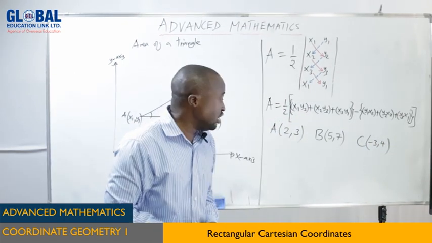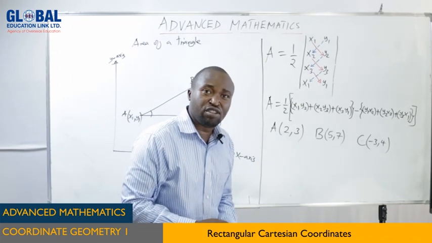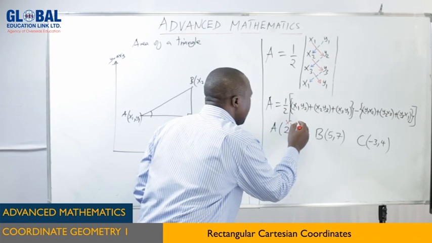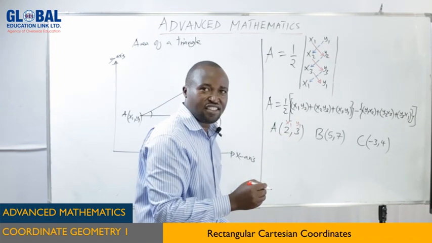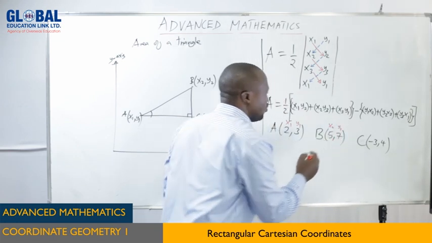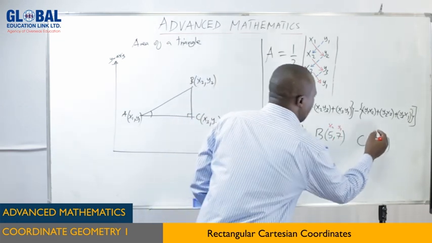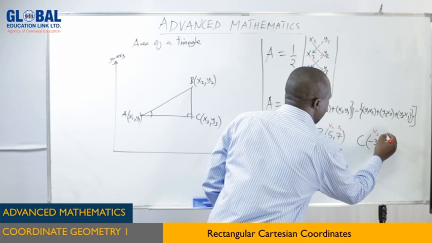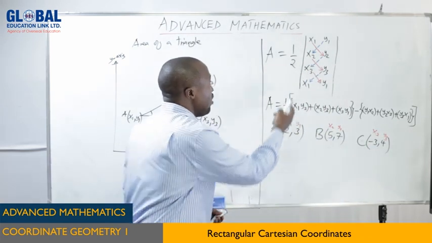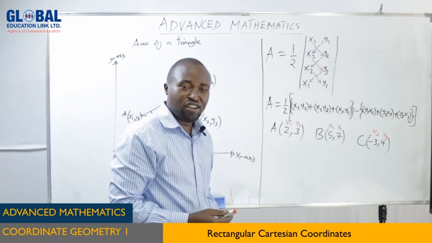So my dear student, you can label these coordinates to avoid confusion. Remember, we have x1 and y1, followed by x2 and y2, and the last one is x3, y3. So we just substitute in our general formula.